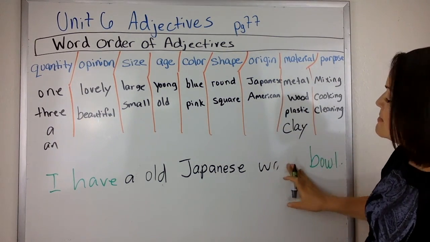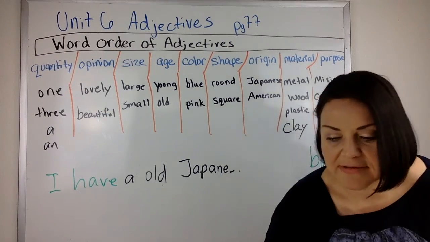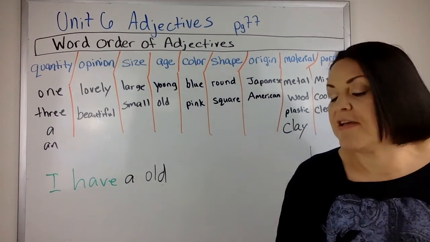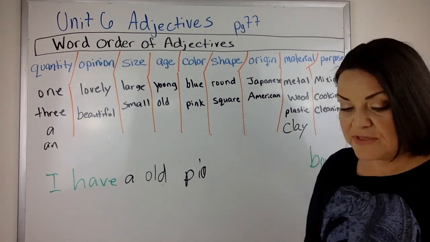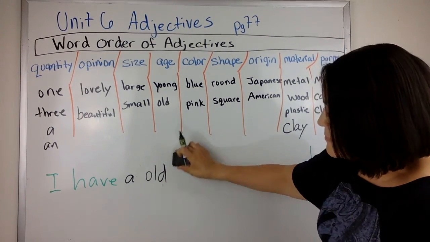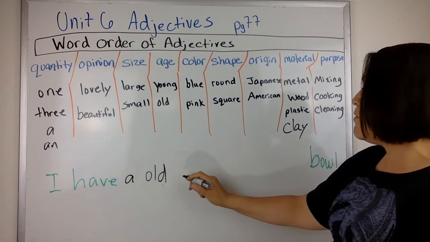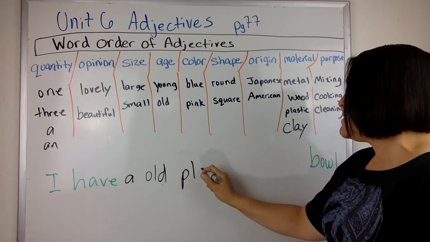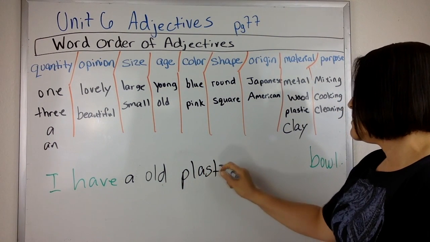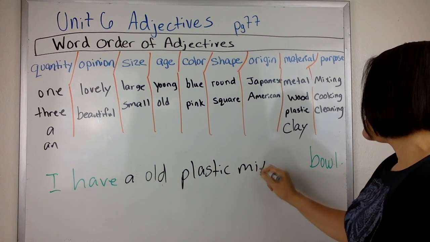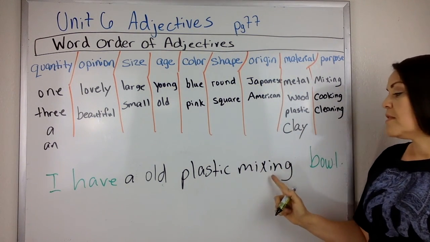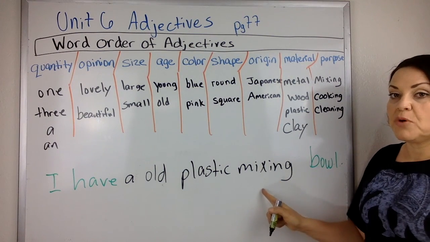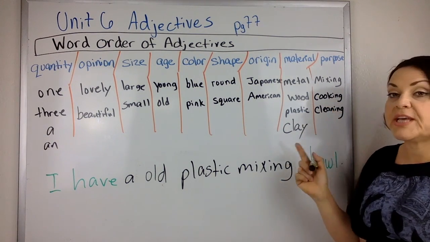So when it comes to mix, I could just say, let me use my marker. I have an old plastic. Let me use mix so you can understand real quick. I have an old plastic mixing bowl. So this is the action I'm going to do with the bowl. It's a mixing bowl. It could be a cooking bowl.